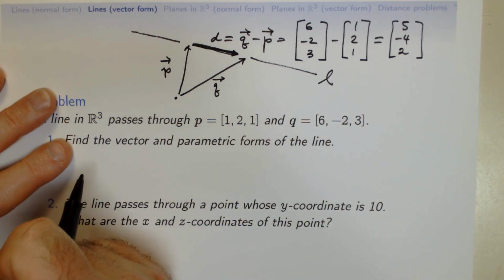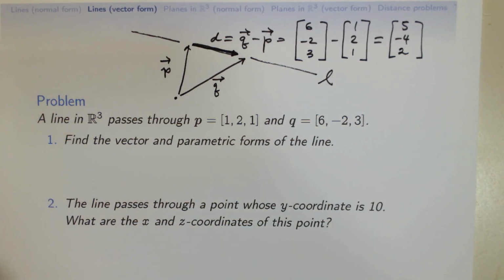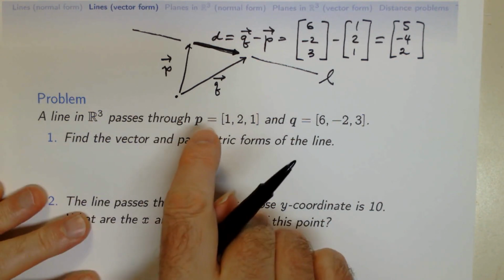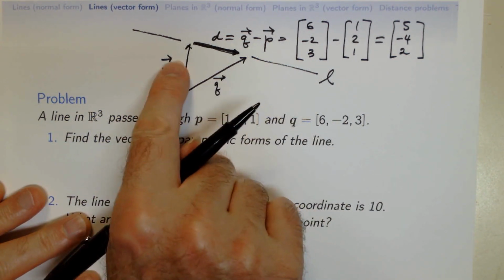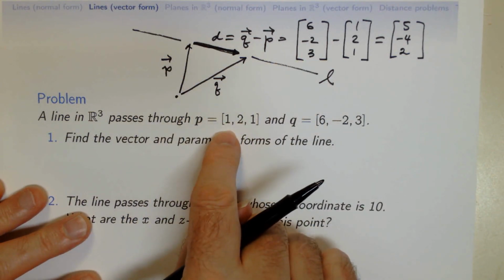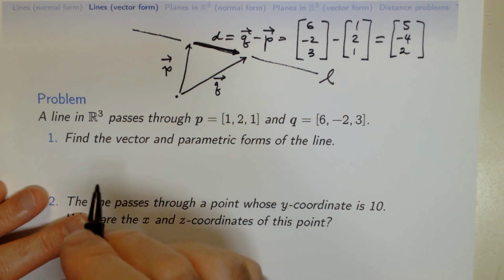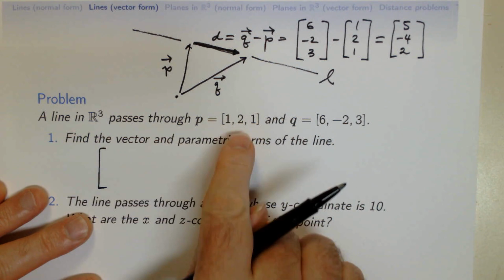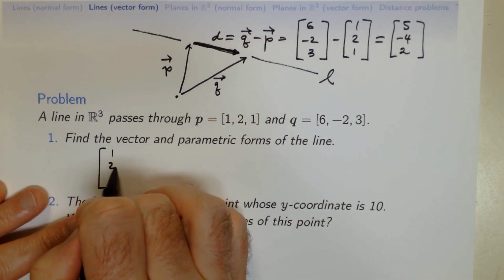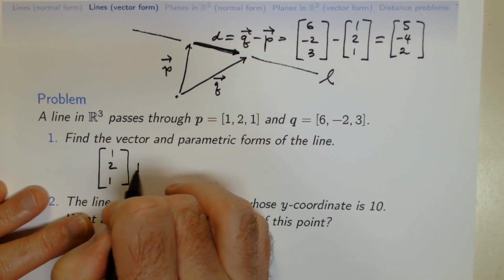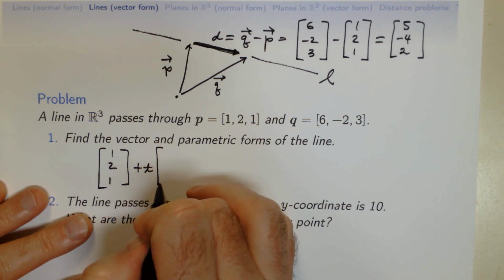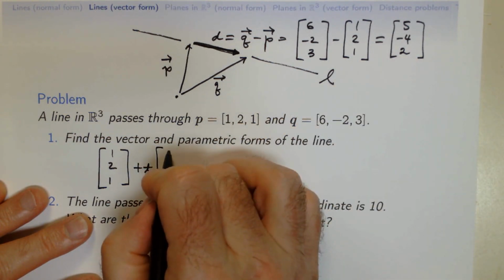Okay, so our line has this direction. We need a point on the line, or a vector that points to a point on the line, to serve as our position vector. And we can use either P or Q. Either one of these would work. Let's go ahead and use P. So our vector form is going to start with the position vector 1, 2, 1, together with multiples of the direction vector.